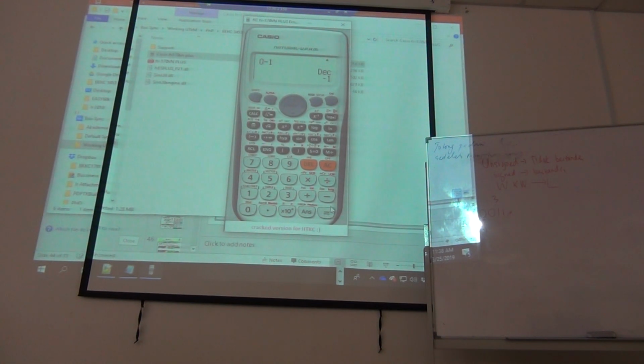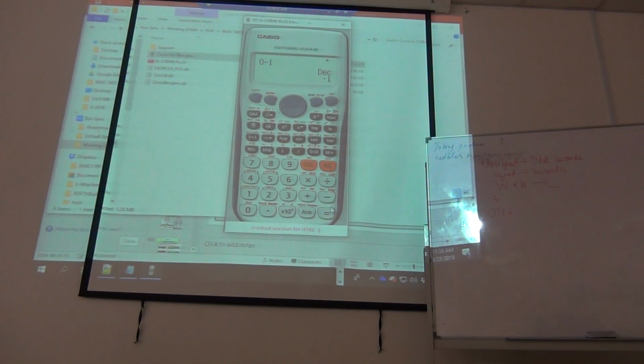The answer is negative 1. So can you convert this to hex? What will it represent? It requires 8 digits, or 32 bits, for the two's complement to show that it is a negative number.